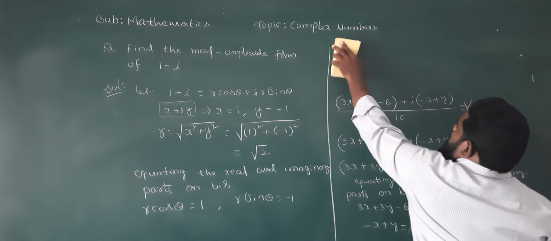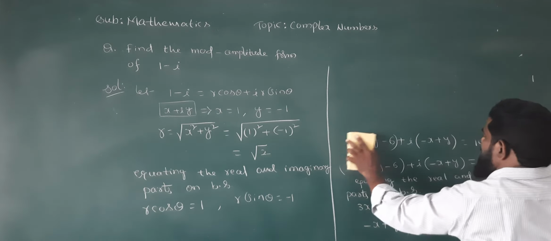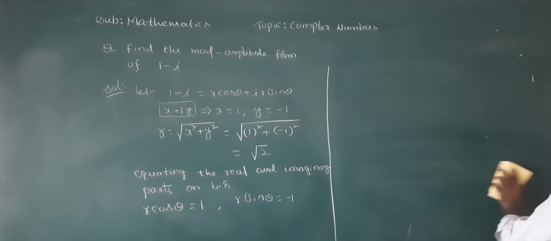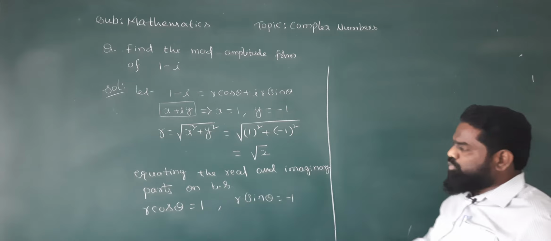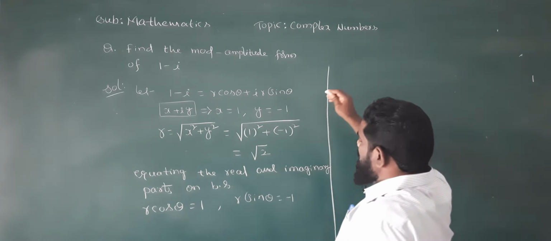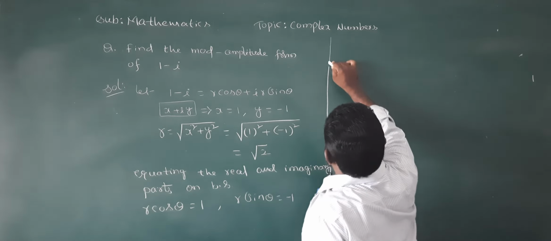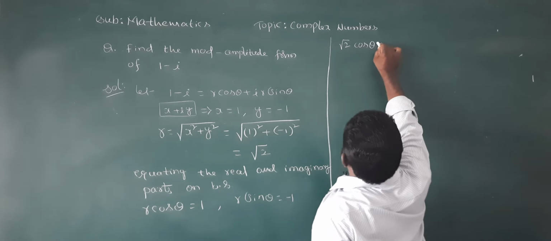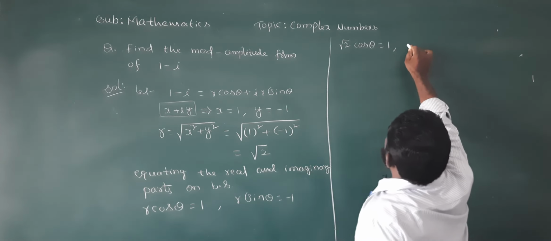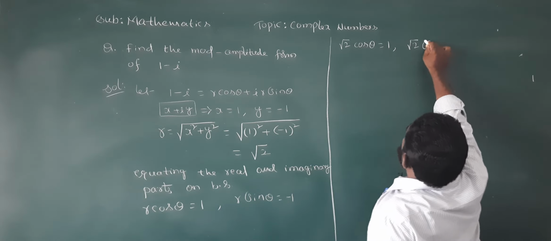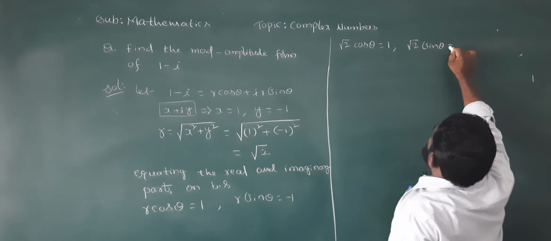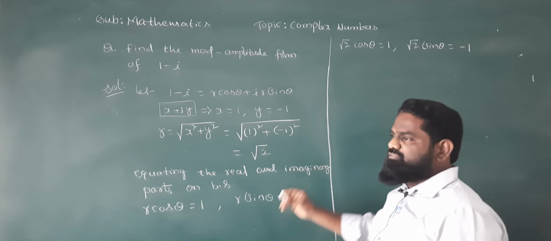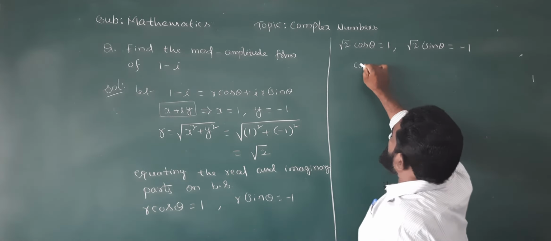Understand? So the next thing is we can take it like this. Put the r value here. The r value is root 2, so root 2 cos theta equals 1 and root 2 sin theta equals -1. What is the cos theta value here?